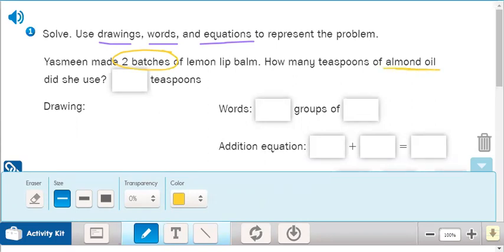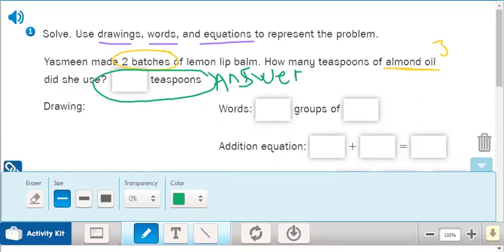So let's look at the top. The top says almond oil is 3 teaspoons. Okay, so how many teaspoons did she use? I'm going to do green right here because that's going to be where we write our answer in the end. So I'll write answer right here. So we know that's what we need to write right there. Okay.